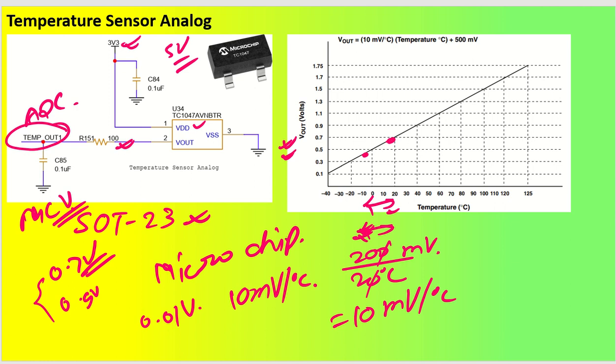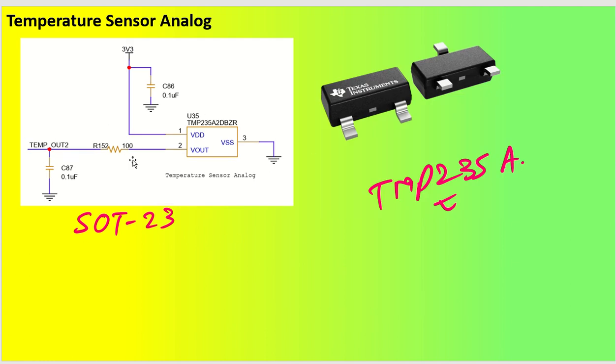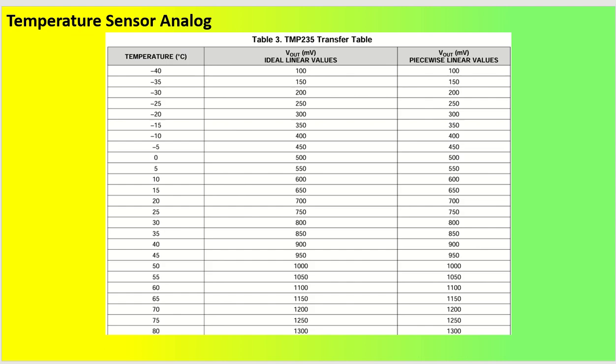Okay. And for this temperature sensor, we have a table of the temperature conversions. Let me give you a glance. Let's say at minus 40 degrees centigrade, you will see the output at 100 millivolt. This is my ideal value and this is my piecewise linear value. If you see 20 degrees centigrade, then you will see 700 millivolt, which was there in the Microchip Technology temperature sensor as well.